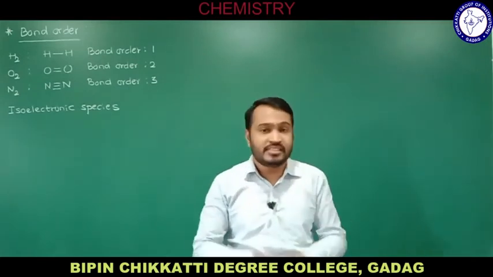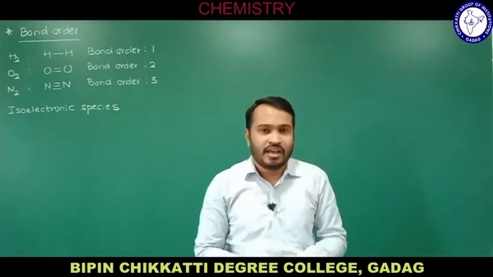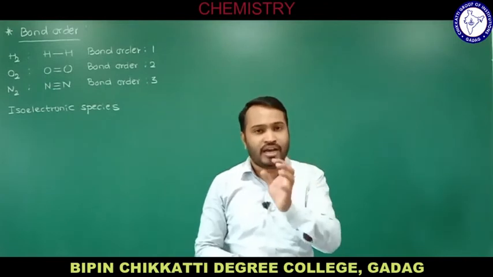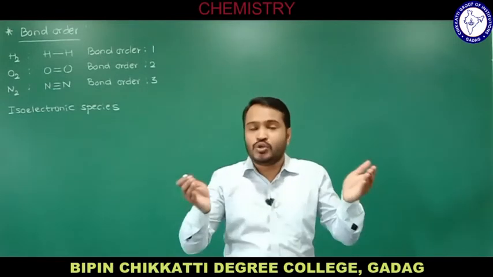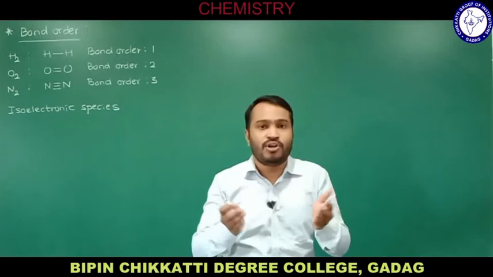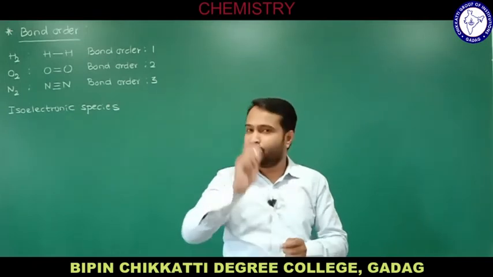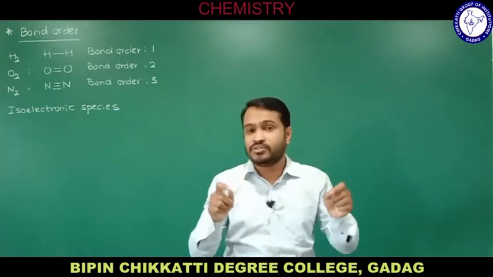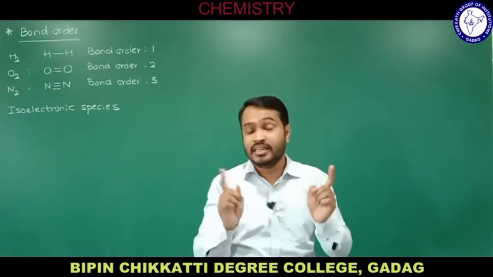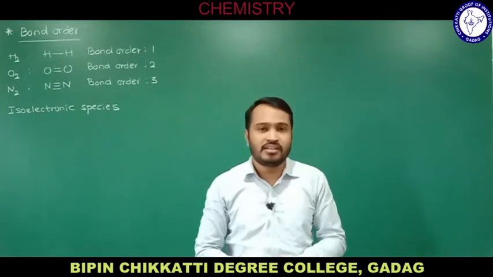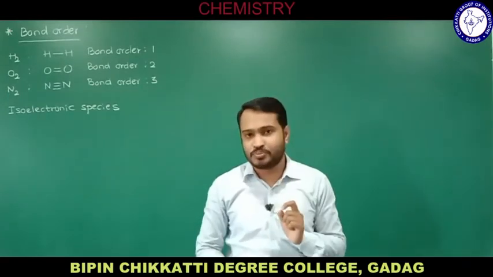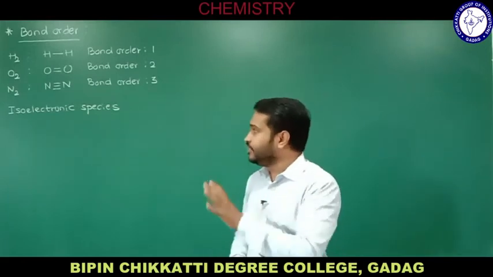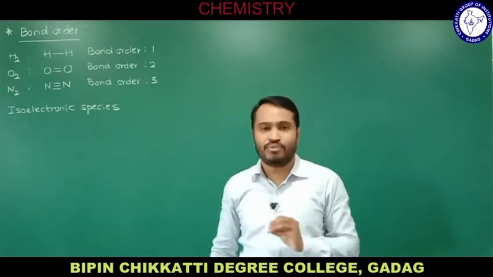Isoelectronic species are species having the same number of electrons. If you consider two or more atoms or ions or molecules, and the number of electrons is the same, then these species are considered to be isoelectronic species.